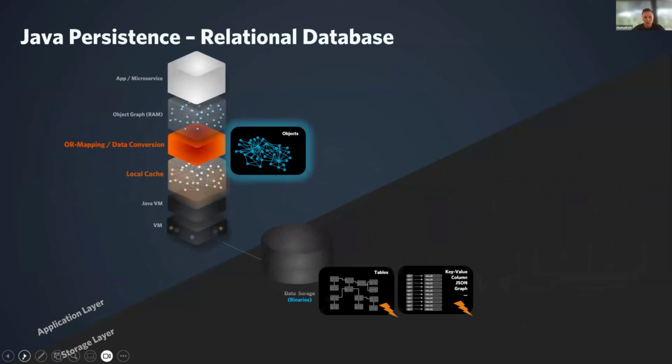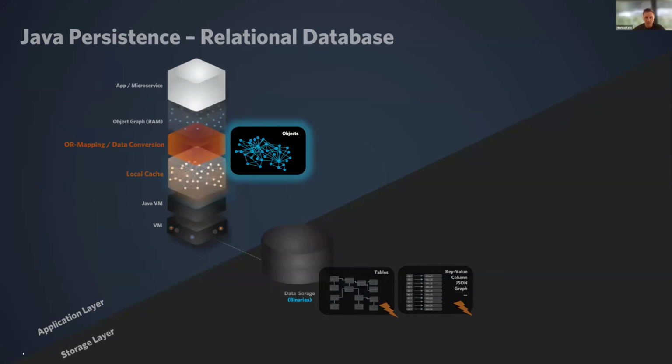So let's jump back to our JPA architecture. What changes in this architecture? Here we can see a JPA architecture: an object-relational mapping framework like Hibernate, a local cache, our object graph in memory, and a data storage, a relational database.